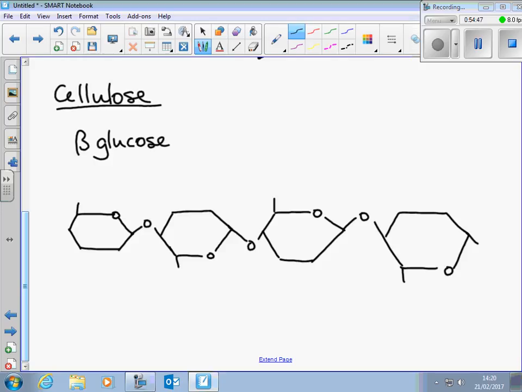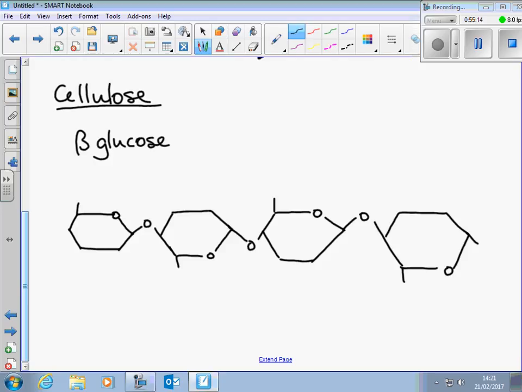Enzymes speed up chemical reactions by attaching themselves specifically to the target area that's going to be reacting. So if we want to attach an enzyme to break down starch, for example, we have an enzyme called amylase that attaches to amylose and breaks down the glycosidic bonds between the two alpha units.